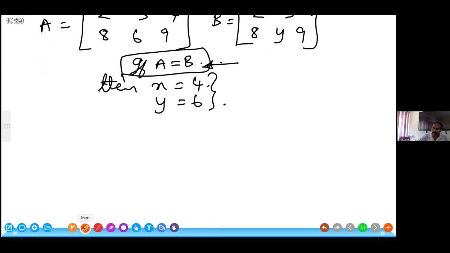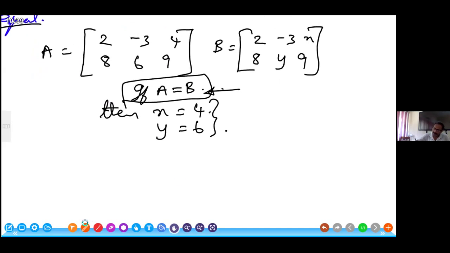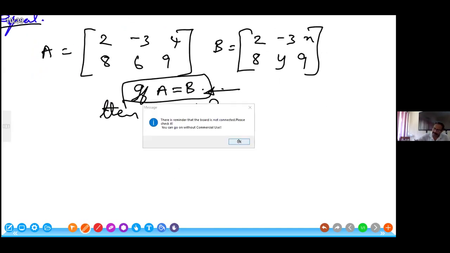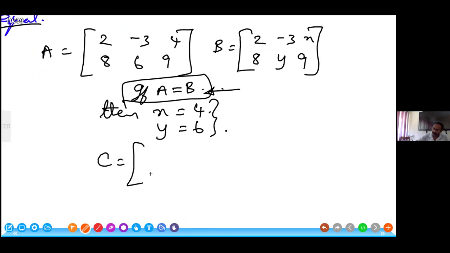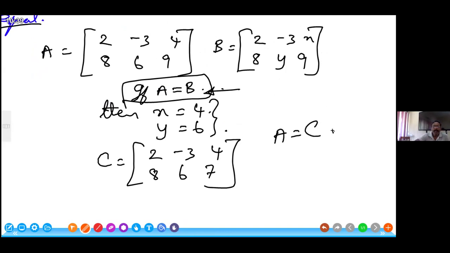For example, let's say another matrix C: 2, -3, 4, 8, 6, 7. Can we say A is equal to C? Matrix A is equal to C?